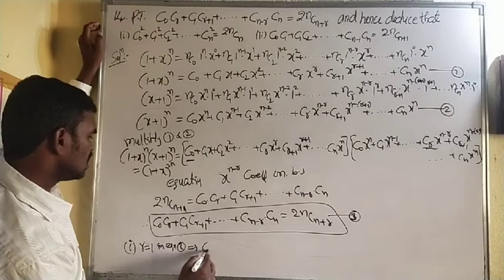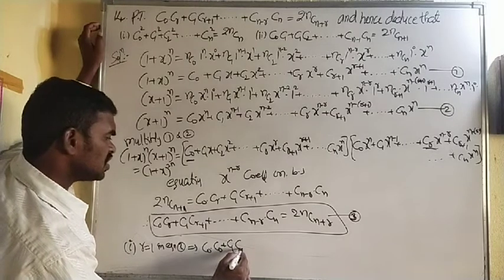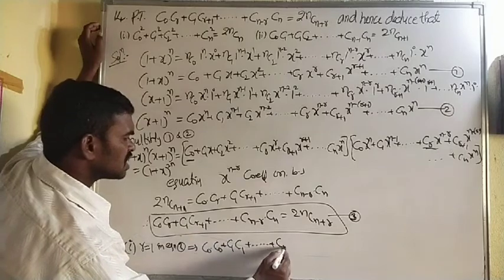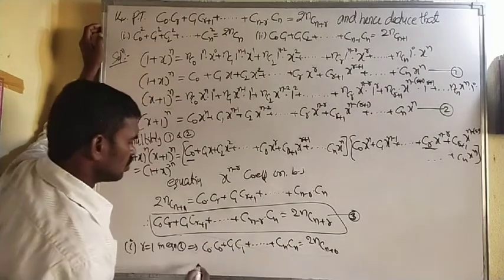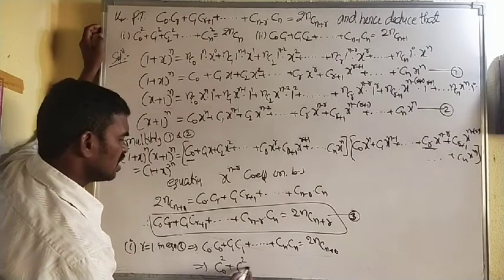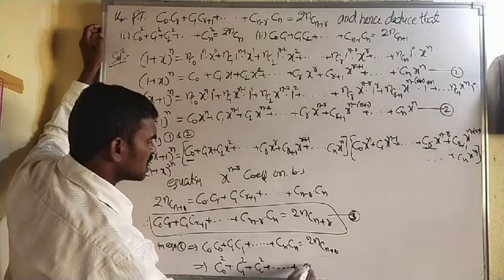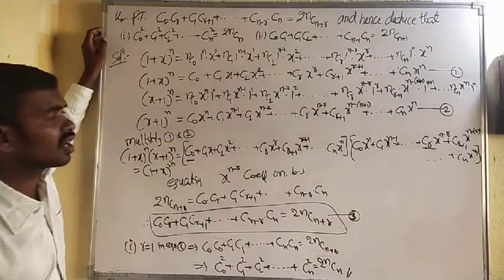So that implies c0 into c0 plus c1 into c1 plus so and so, cn into cn is equal to 2nCn. So c0 squared plus c1 squared plus c2 squared plus so and so cn squared is equal to 2nCn. Okay, first one also completed.